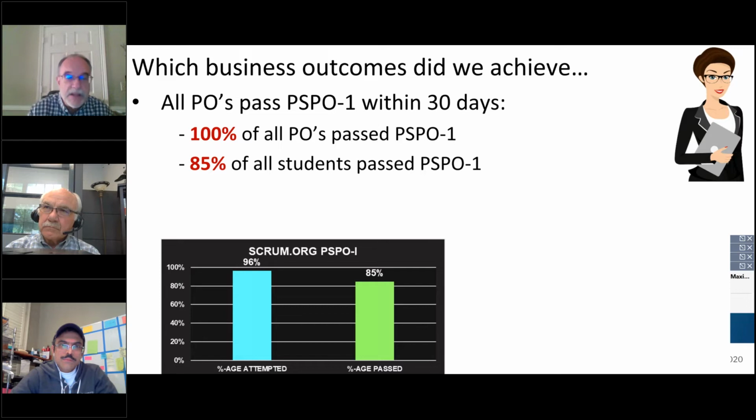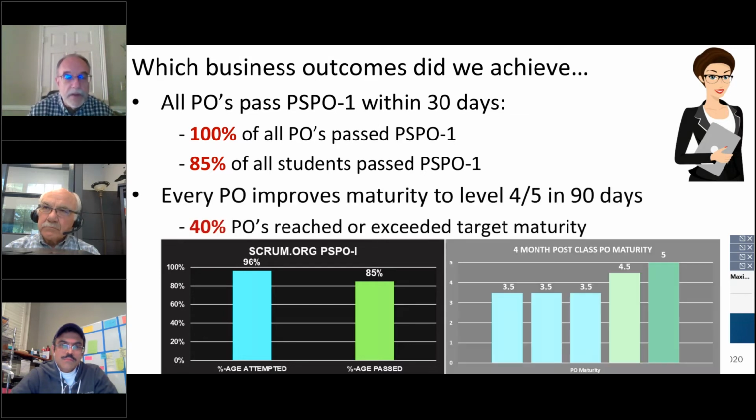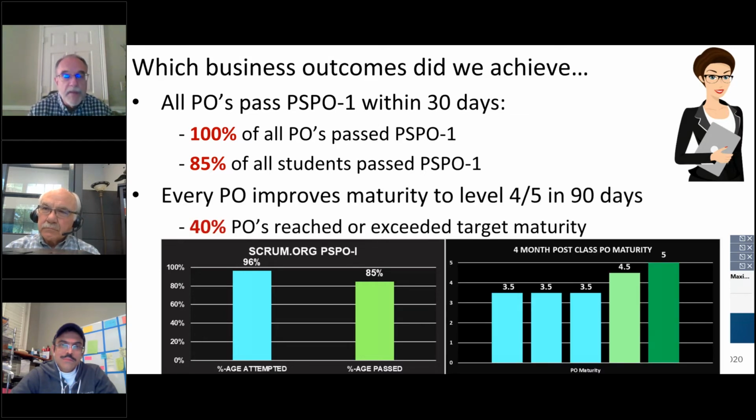All the POs did pass the PSPO 1 within 30 days. Every PO improved their maturity level. And just to give you a level set, the average here is just under 4. The average before we started this process was about 1.6.